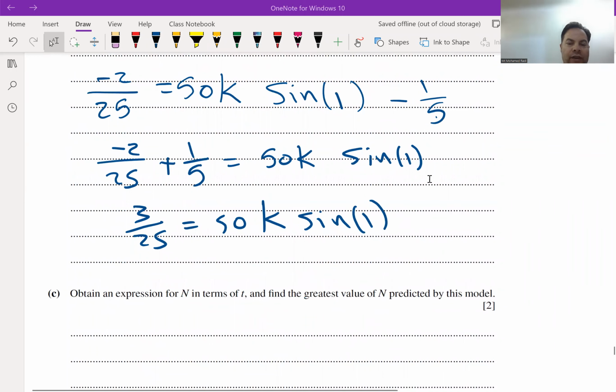If asked to get the exact value of k, just write k is 3 over 25, all divided by 50 sine 1.